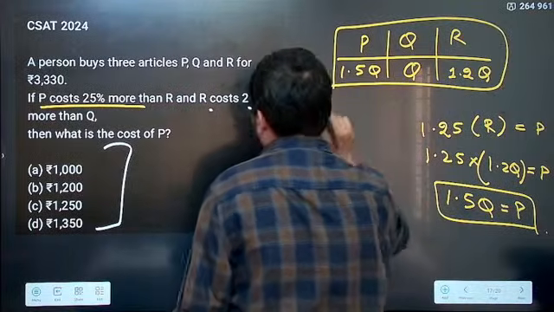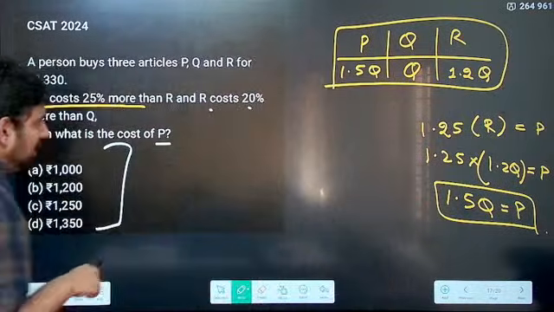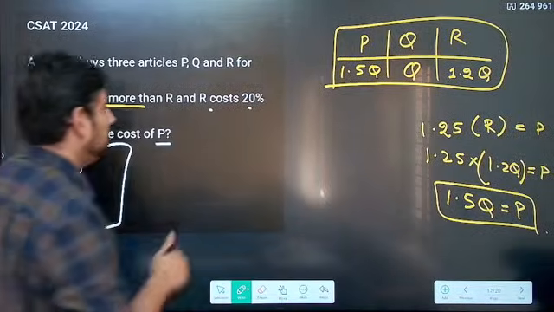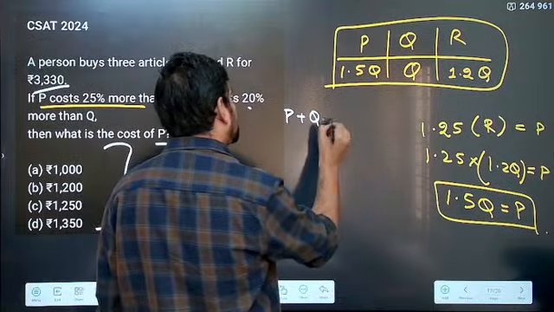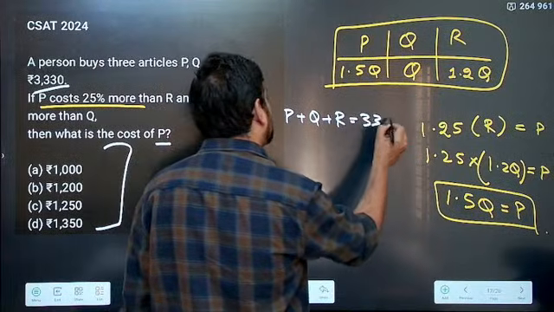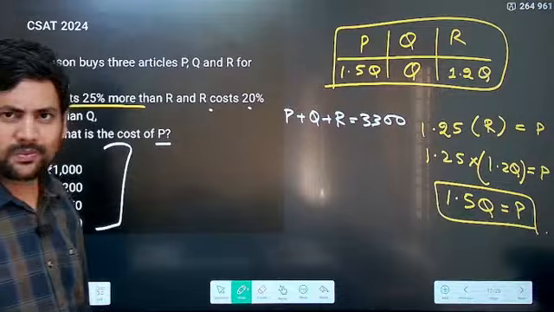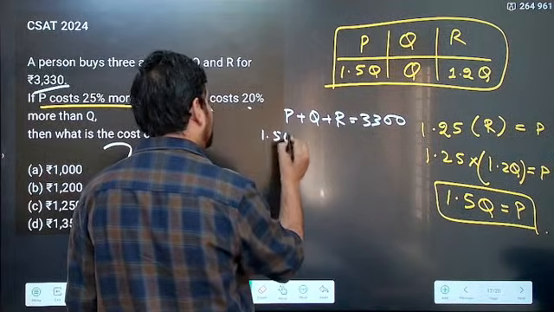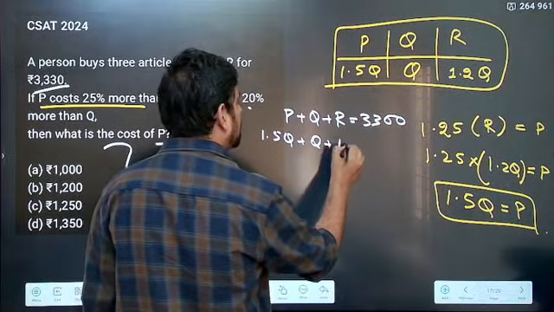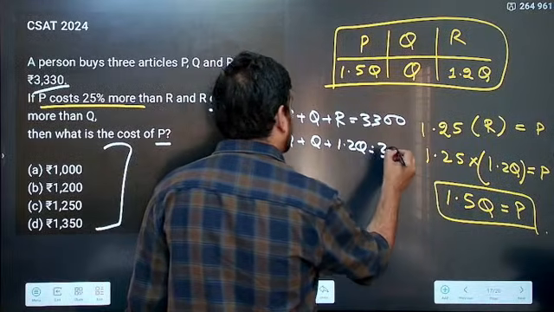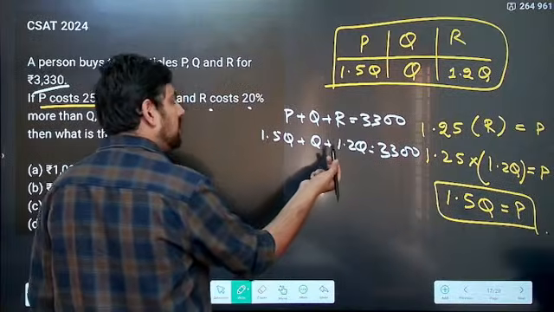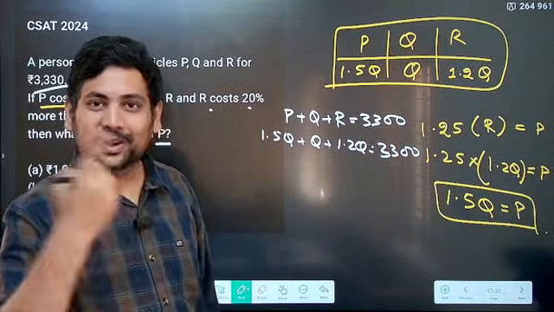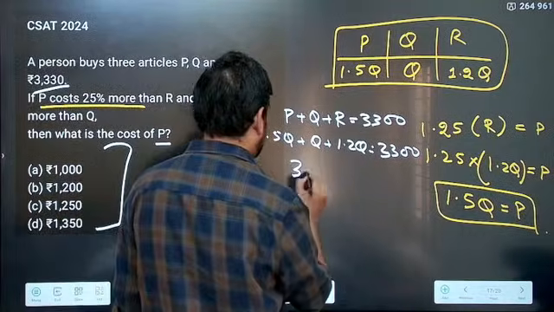Now everything is in terms of Q, correct? Now it is asking if the sum total is 3300. Sum total is 3300 means what? P plus Q plus R is equal to 3300. Fine, just put the values. 1.5 Q plus 1.2 Q plus Q is equal to 3300. 1.2 plus 1.5 is 2.7, 2.7 plus 1 is 3.7.